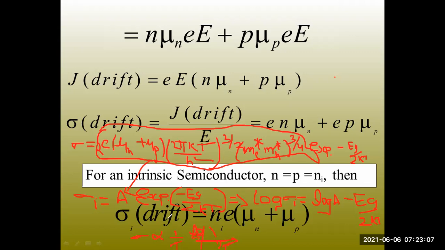Now this is the case for the intrinsic semiconductor. So now we got information on how the electrical conductivity of the intrinsic semiconductor varies with temperature. In the examination, they will ask you to derive the expression for the electrical conductivity of the semiconductor.